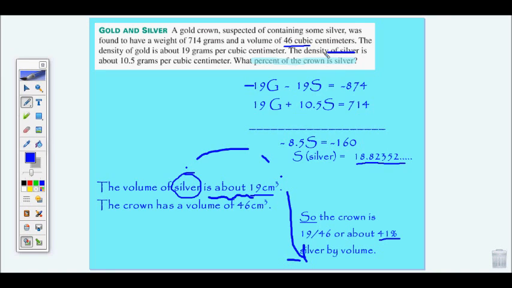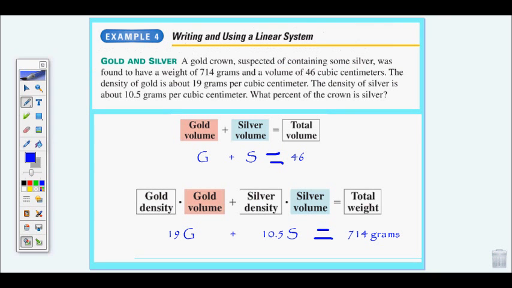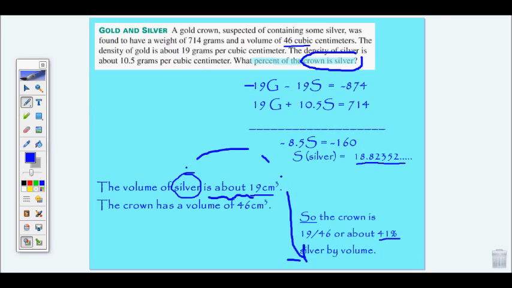The only part they ask about in the question is the silver. So if the entire crown is 46, and I know the silver, it's kind of like PowerSchool: the quiz was worth 46 points, you received 19, and then we divide and get about 41%.